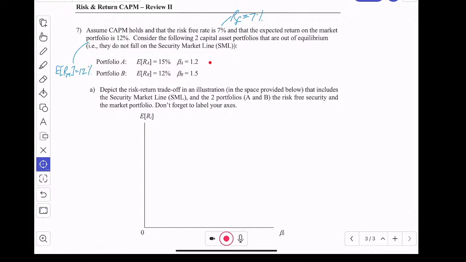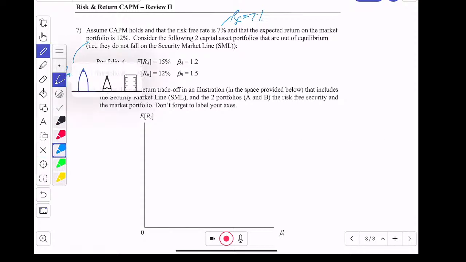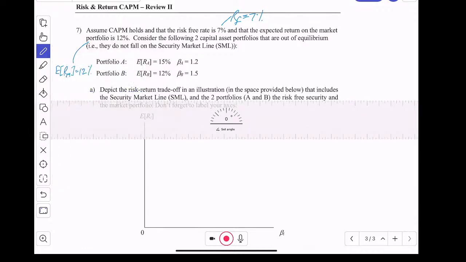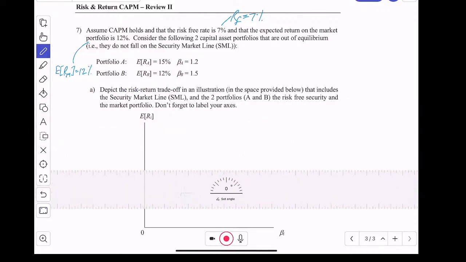So we could plot them. Now, I'm going to try and use a ruler here, make it as clear as possible. I want you to depict the risk-return trade-off in an illustration that includes the security market line, the two portfolios, the risk-free security, and the market portfolio. Don't forget to label. So let's see if I get a ruler. Can I turn it?